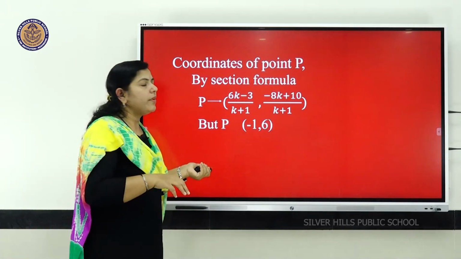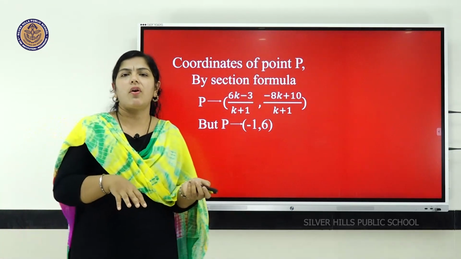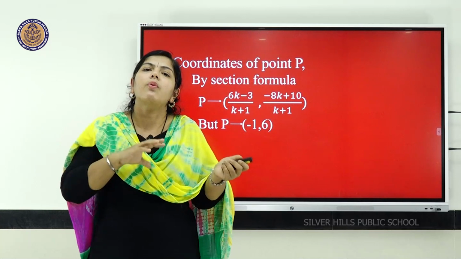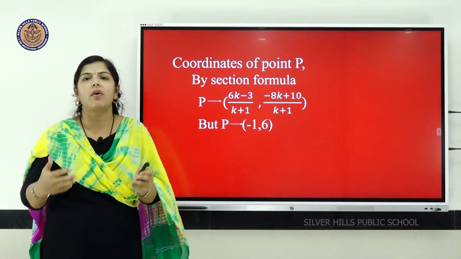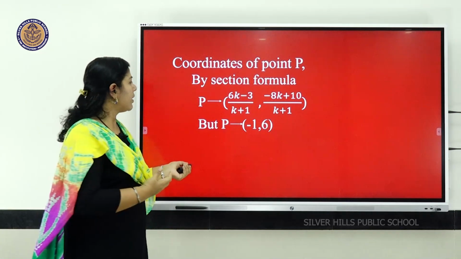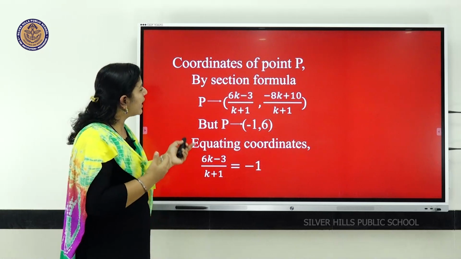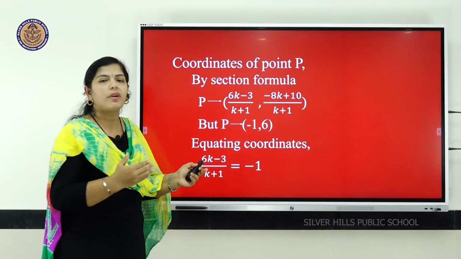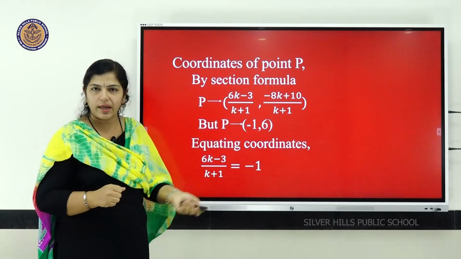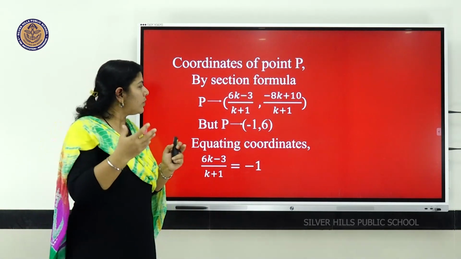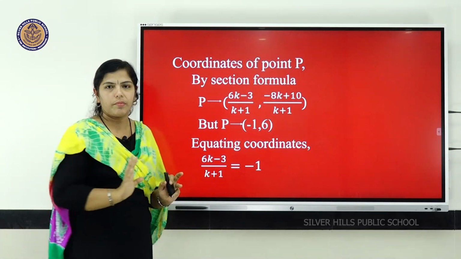But P we know is given as minus 1, 6. If we already know the coordinates, then we can equate them, that is x coordinates will be equal, y coordinates will be equal. So, how can we write, equating the coordinates? What comes? (6k minus 3) by (k plus 1) becomes minus 1, because both are the x coordinates. It represents the same thing in two different ways. One point is given, the other we have written using the section formula.